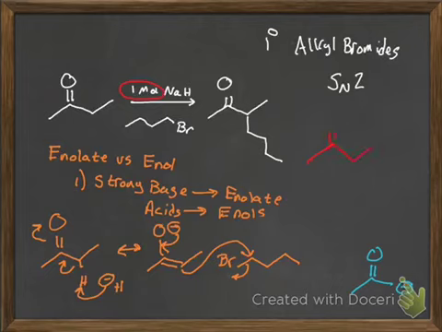The reason I specified 1 mole as opposed to just some or excess is this carbon right here has 1 more proton that can be removed. In fact, if there was any extra base sitting around and that proton was removed and you get this enolate, I am quickly running out of space here, so I'm going to erase the blue enolate at the bottom.